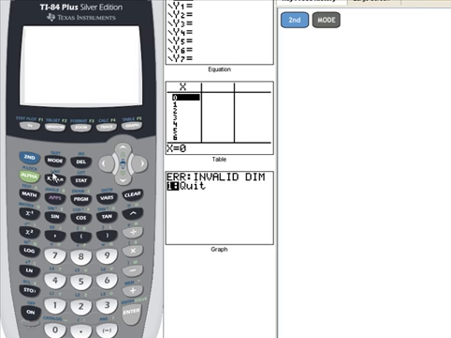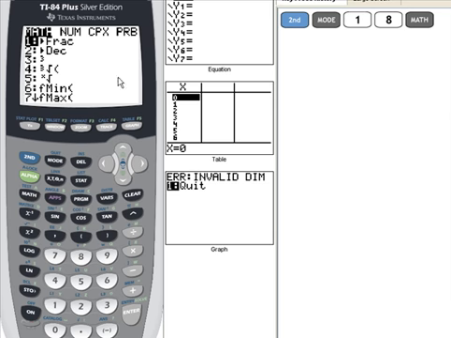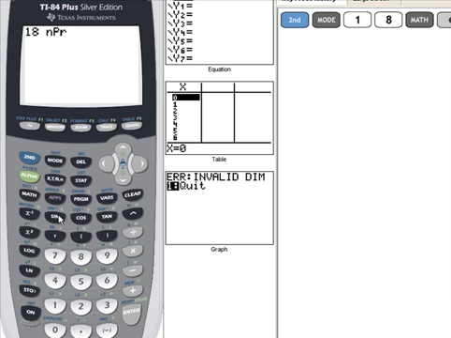Permutations is number 2, and taken 6 at a time, and then I press enter. Alright, so I'm getting 13,366,080. Okay, so hopefully you got that one right.